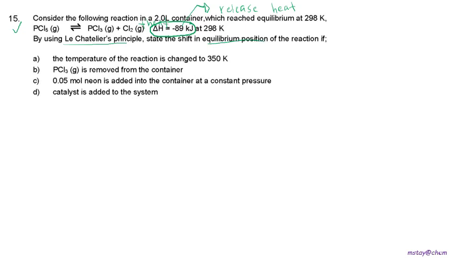That means we need to mention left, right, or forward, backward. So again, question 15, A until D, also D is related to the catalyst. So there is no effect of the catalyst on the equilibrium position.